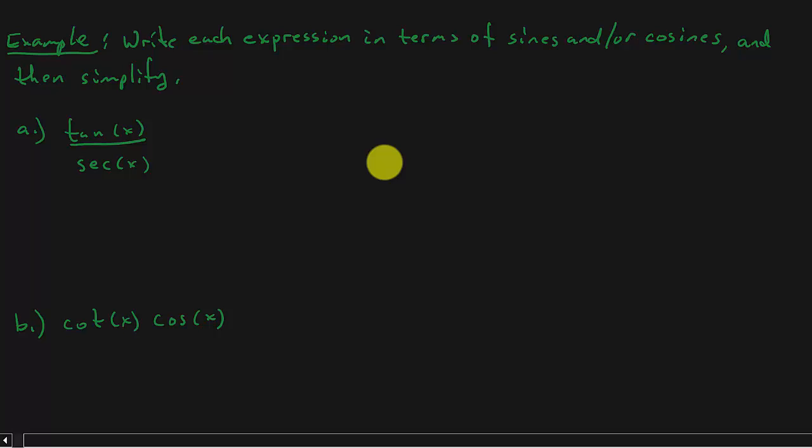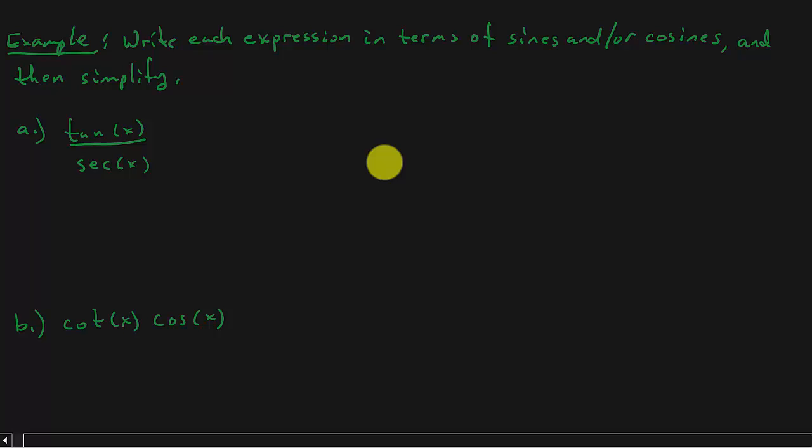Now, to verify trig identities, just real quick, you take the more complicated side and you see if you can reduce it to the other side. That's the most common way that you would do it.